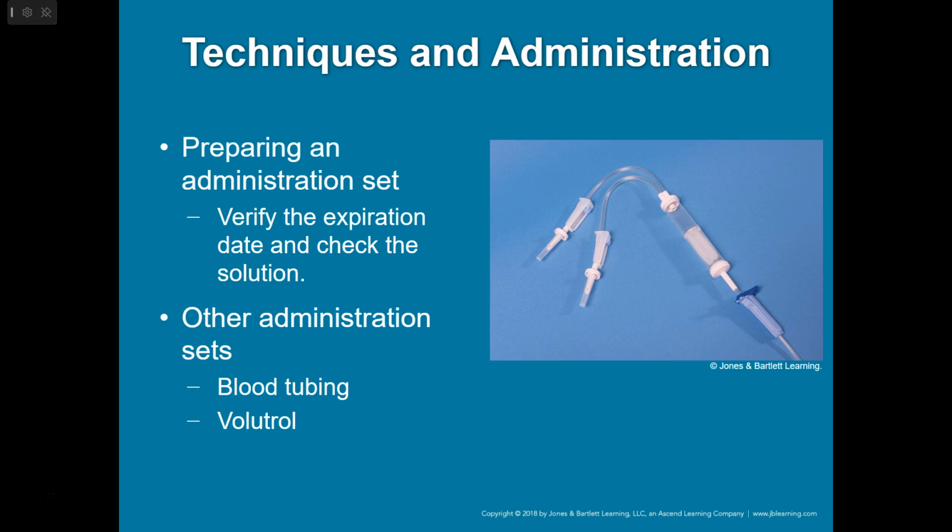This picture here on the right is going to be more designed for a piggyback system or blood, because it's got the two catheters there that you can spike, one into a bag of saline, another one into blood, whatever you want. Volutrol there that it mentions is another administration tubing set. It's designed for little kids. It might be called a Buretrol, depending on what brand you buy.